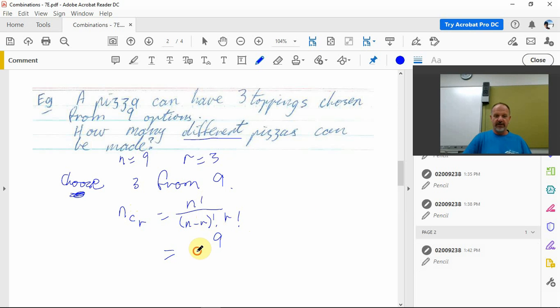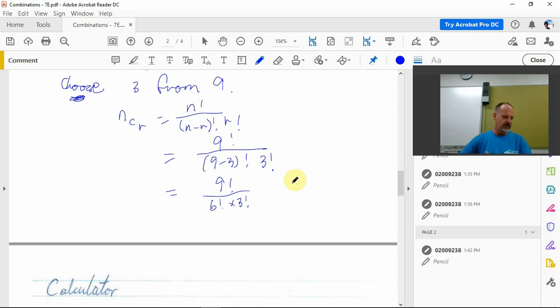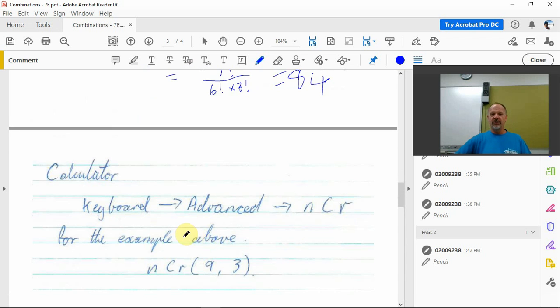So 9 minus 3 factorial, 3 factorial, and then we have 9 factorial over 6 factorial times 3 factorial. And that there is a calculator job, which is 84.